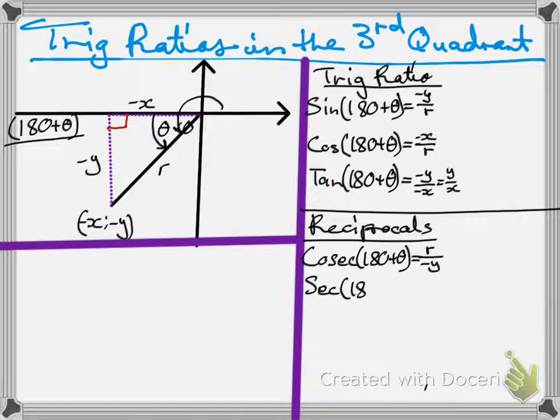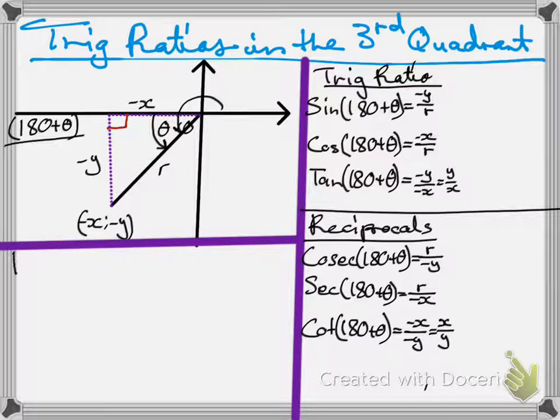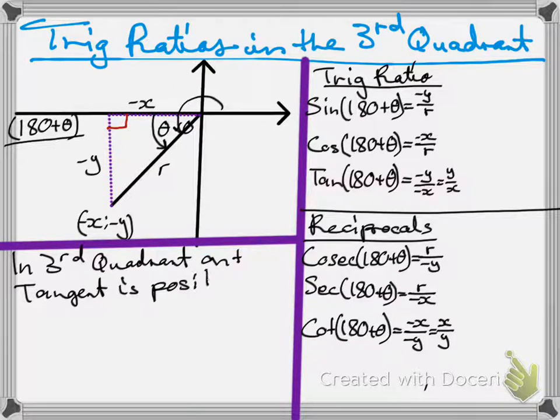The reciprocal of cos, which is sec, is also negative. And the reciprocal of tan, which is cot, is positive. So in the third quadrant, only tan is positive and the rest will be negative. So tan and its reciprocal are positive in the third quadrant.